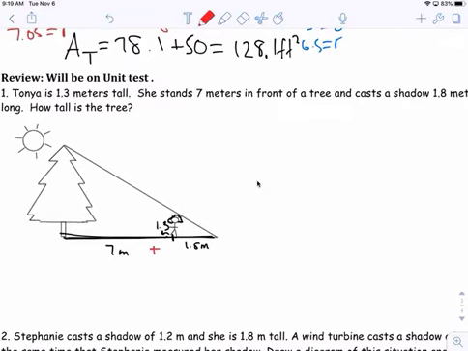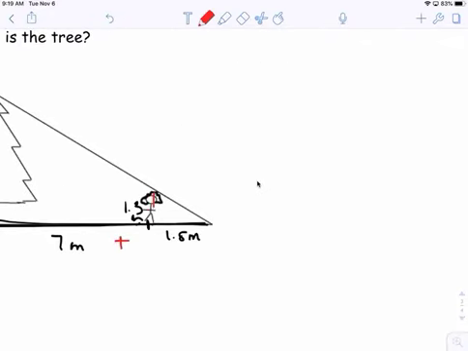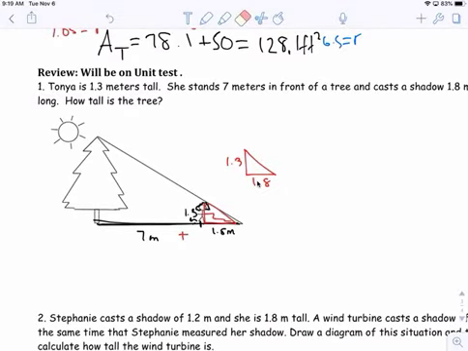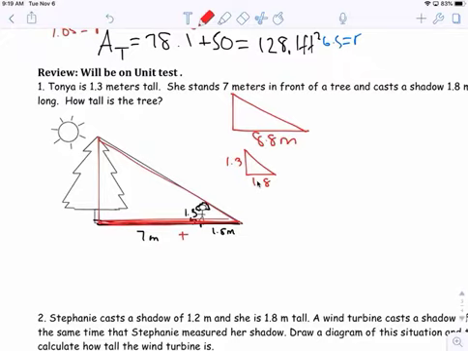So here's the triangle. Here's Tanya's triangle right here. You see that little triangle? 1.3 and 1.8. And then there's the big triangle. Here's the tree triangle. That triangle, this whole length right here, is 8.8 meters, and here's the tree.